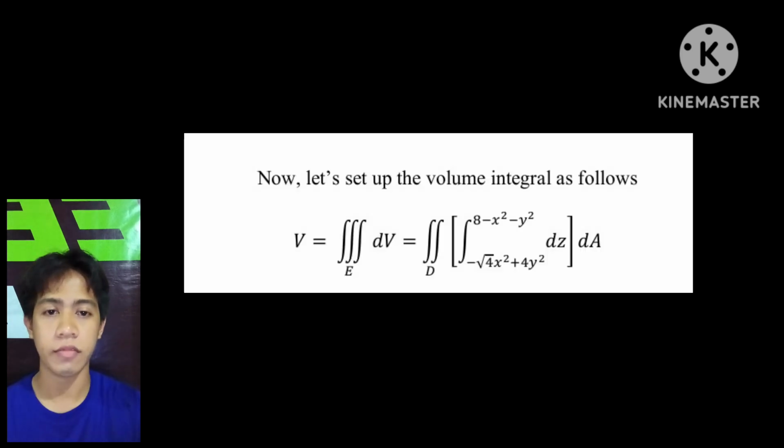Now let's set up the volume integral as follows. V, or volume, is equal to the integral over E of dV, which is the integral over D, our disk, of the integral from -√(4x² + 4y²) to 8 - x² - y² with respect to z.